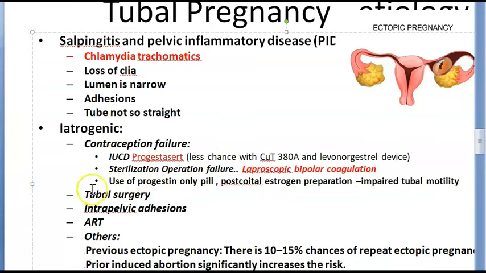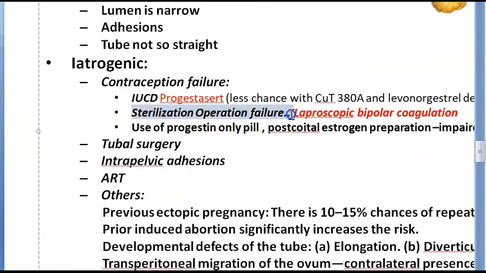Now, coming to tubal surgery, I think this is very easy for you. Tubal surgery has already been written on top as a sterilization, but not that. They seem to be talking about other tubal surgeries like reconstructive surgery to improve fertility, right? So, reconstructive surgeries, or if there is some existing pathology, there is kinking of the tube, all these are contributing factors.